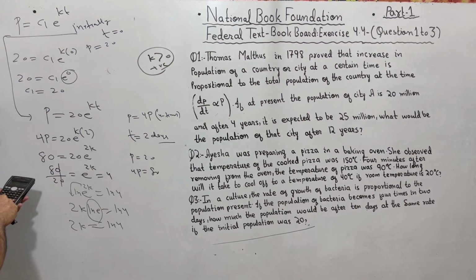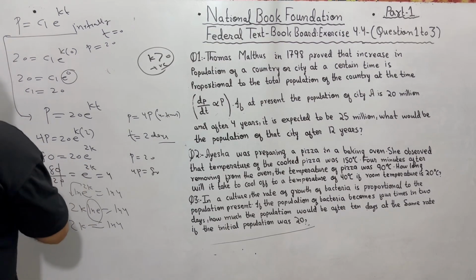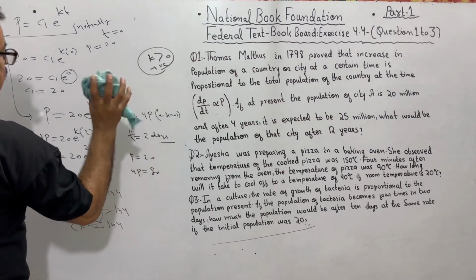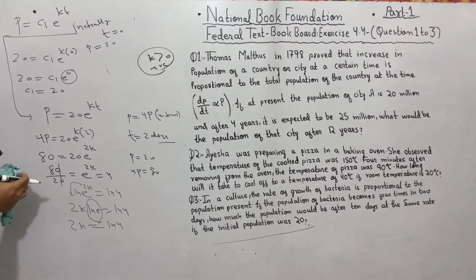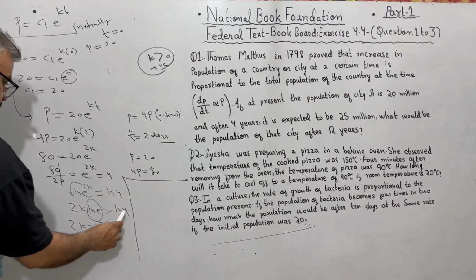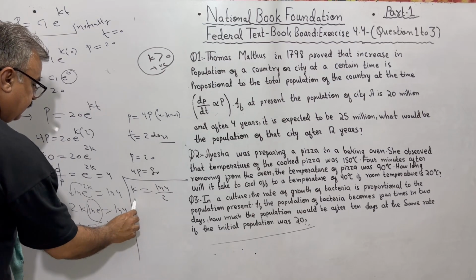What is the value of ln 4? Let's see. ln 4 is 1.38. That is quadruples, 4 times. Here k is equal to ln 4 divided by 2.